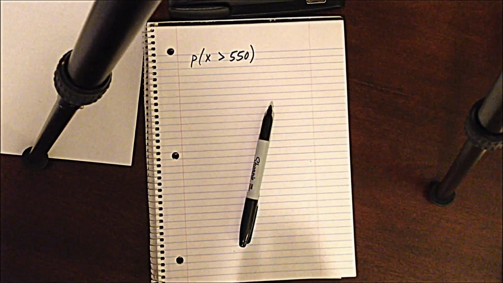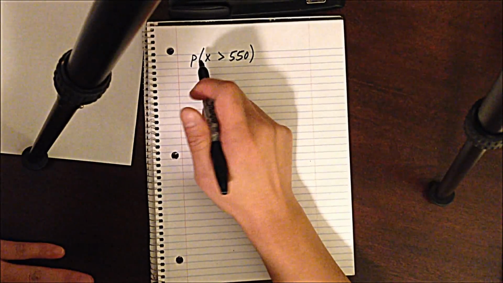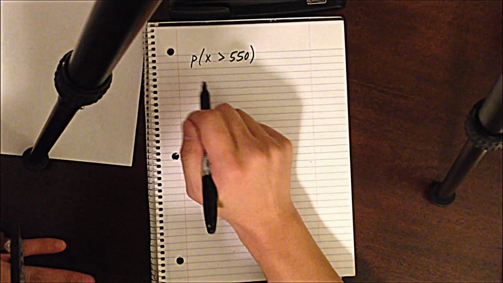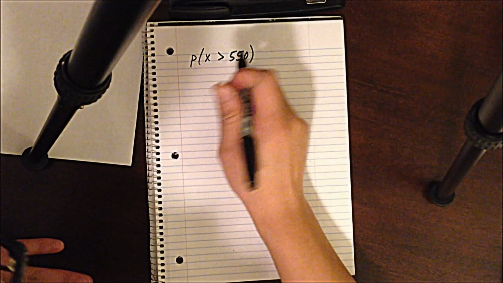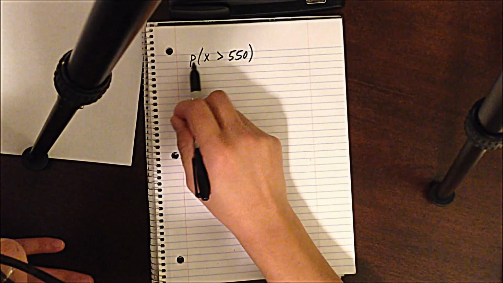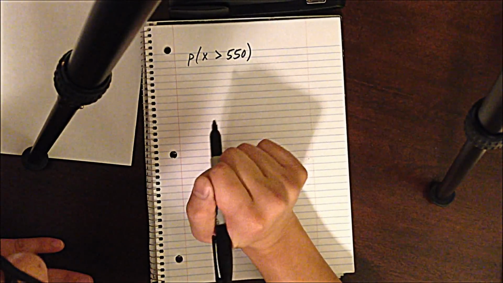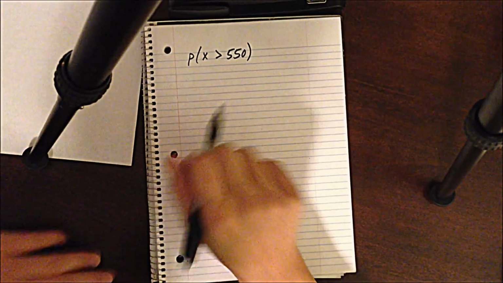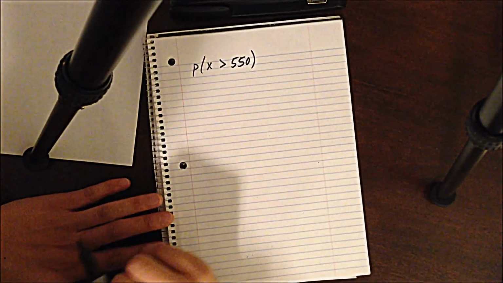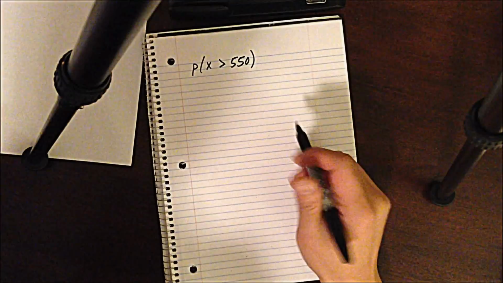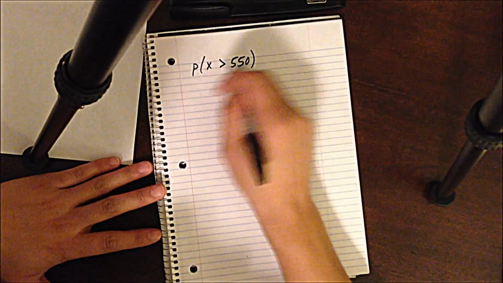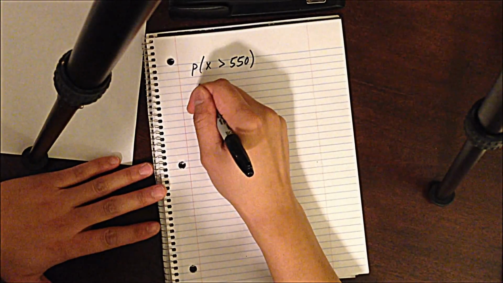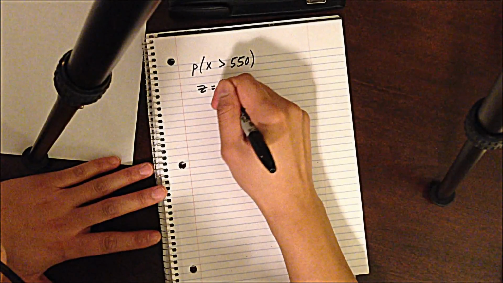Alright. So it asks, what proportion have SAT scores greater than 550? In other words, what's the probability of getting X greater than 550? Right? And you know that in order to find the answer, we have to convert this X score to a Z score. So I always write my formula first.